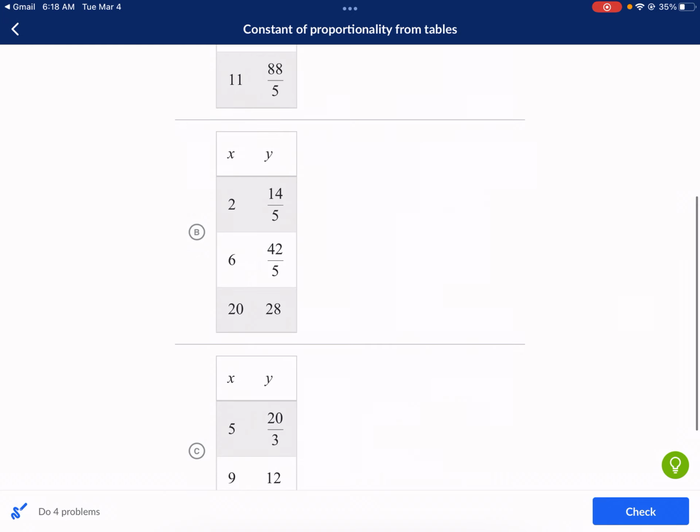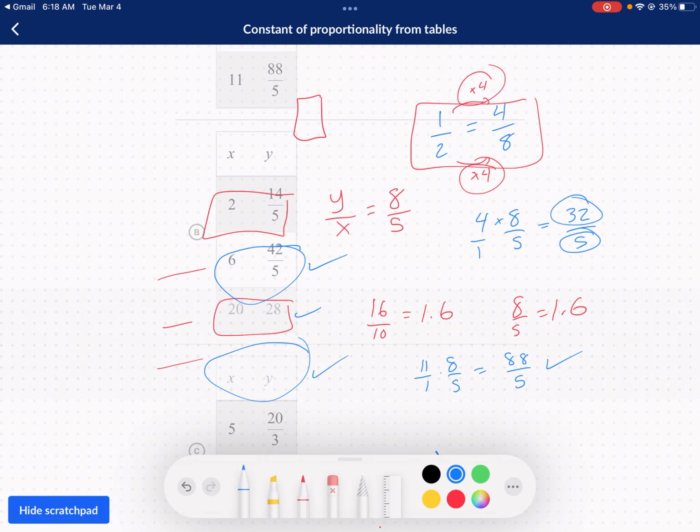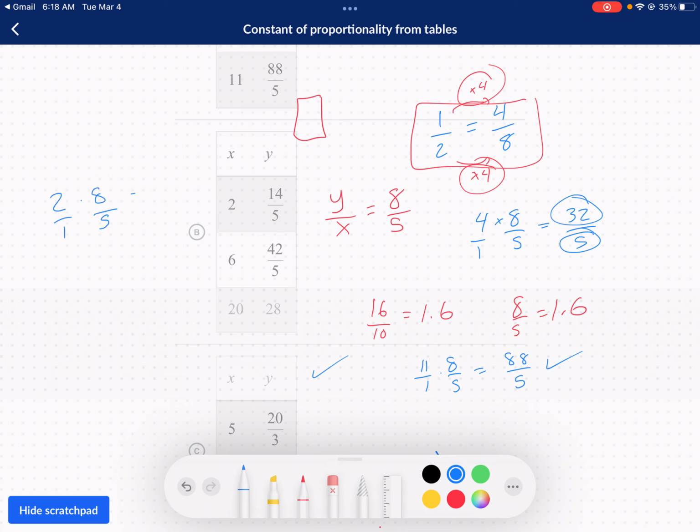Let me just show you why these other ones are incorrect. Clear off some space. So if I multiply 2, for example, 2 times 8/5, I would get 2/1 times 8/5, I would get 16/5. So I already know right from the start that B is incorrect. And then the same thing for C. I have 5/1 times 8/5.